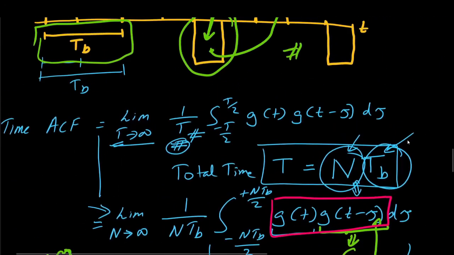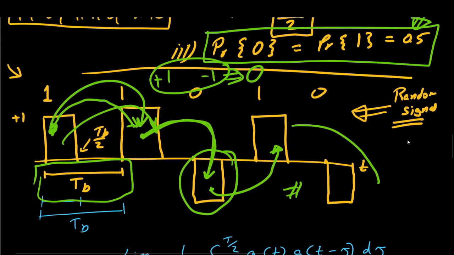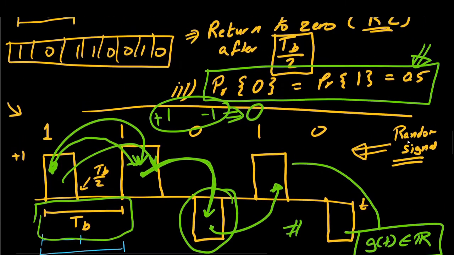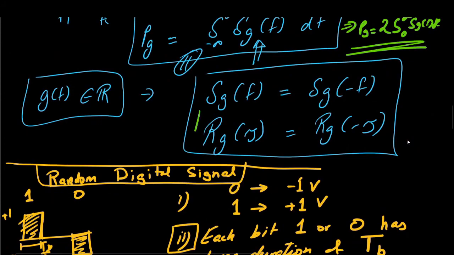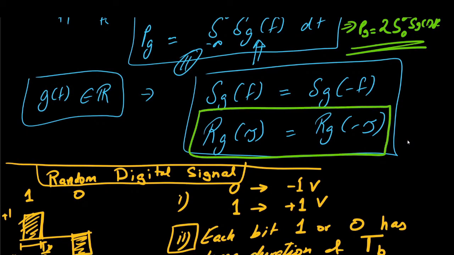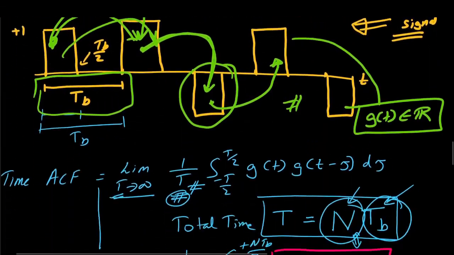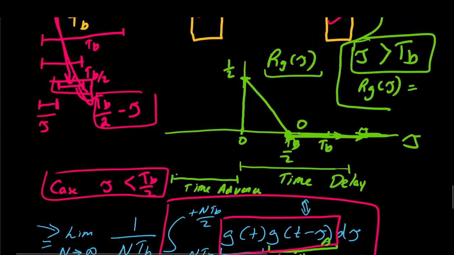Again we notice that this signal, g of t, is a real signal, and for real signals we have set the condition that the autocorrelation is an even function. So hence we can say that RG of tau is an even function. At minus TB by 2 it would drop back to 0, and after that it would continue to be 0.